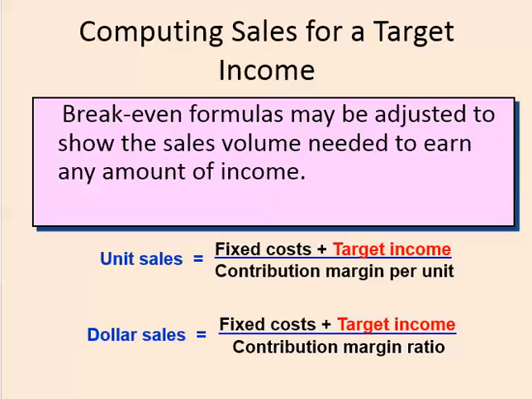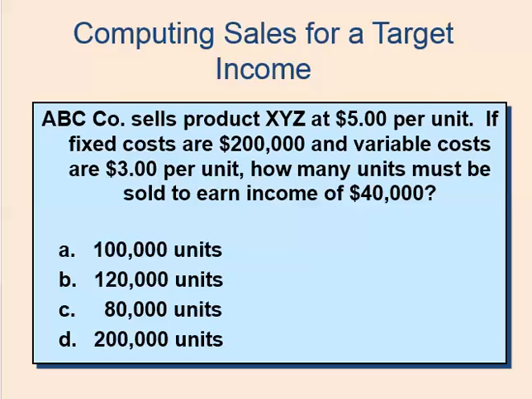Now we had those formulas, again, that we could use to calculate the target or desired income. So let's put those into practice. If ABC sells product XYZ at $5 per unit, if fixed costs are $200,000 and variable costs are $3 per unit, how many units must be sold to earn income of $40,000? So the exact same problem we had a minute ago, only now we want to earn a $40,000 profit.